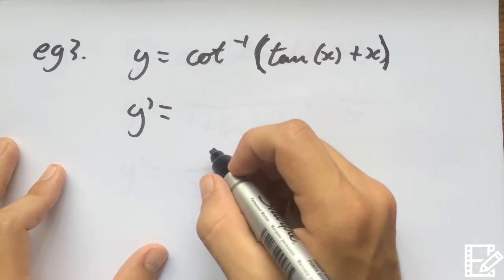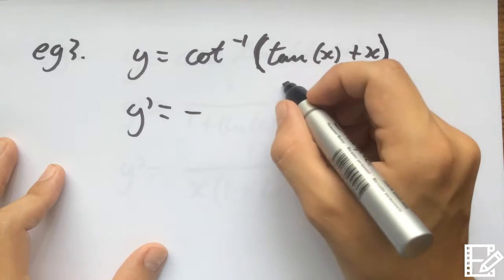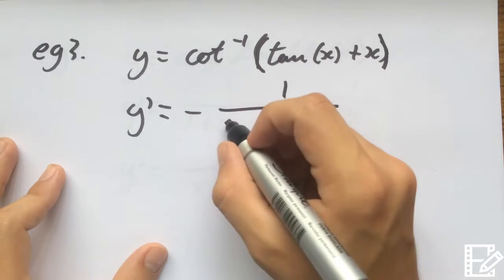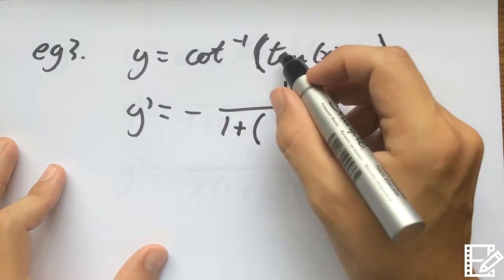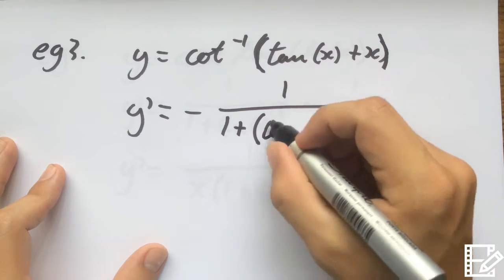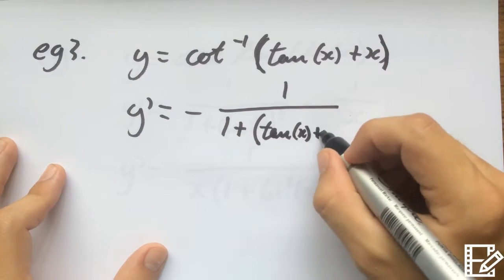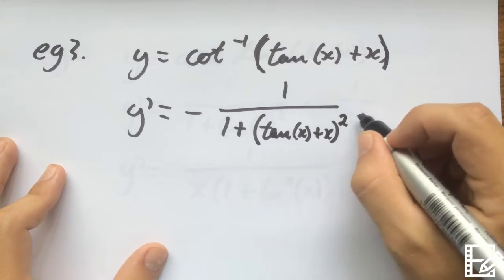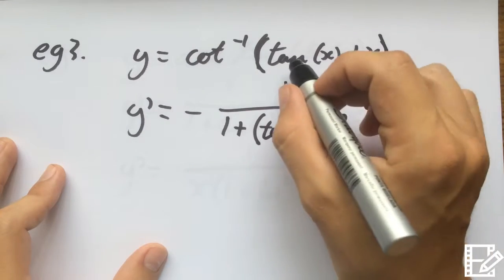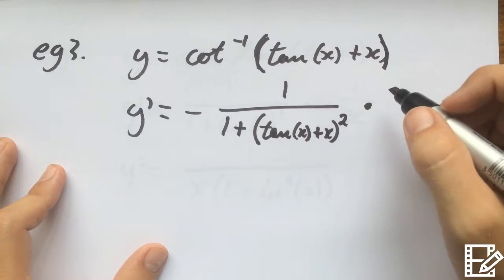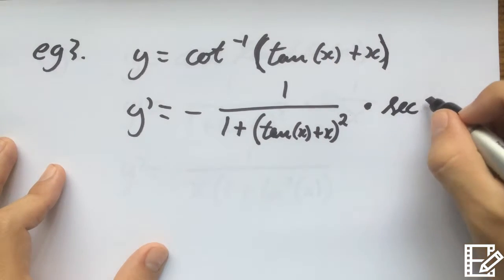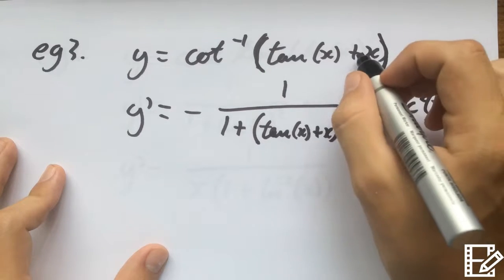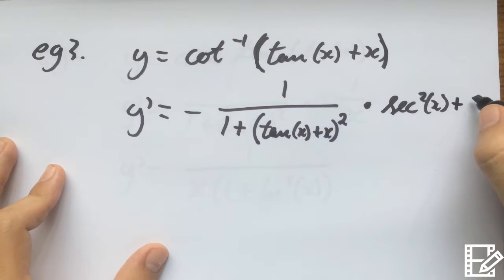The derivative of inverse cotangent is -1 over 1 plus all of this squared, multiplied by the derivative of the inside, which is the derivative of tan x, sec squared x, and the derivative of x is 1.